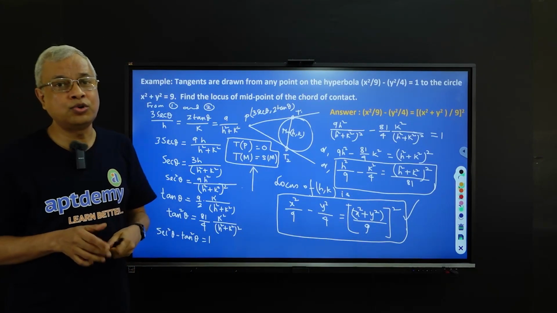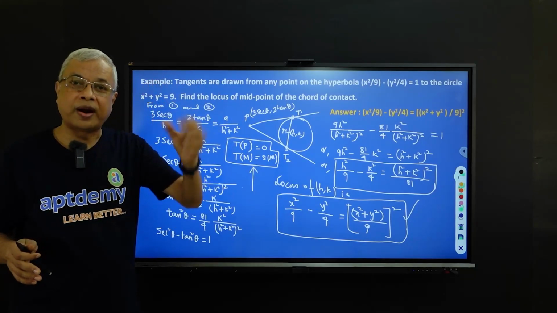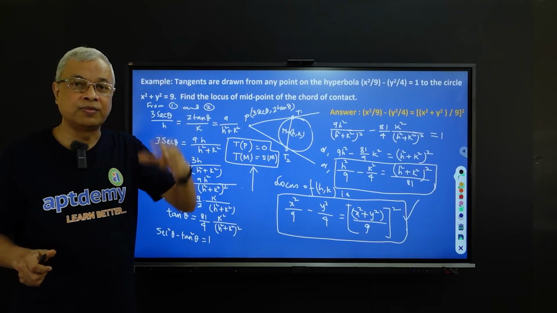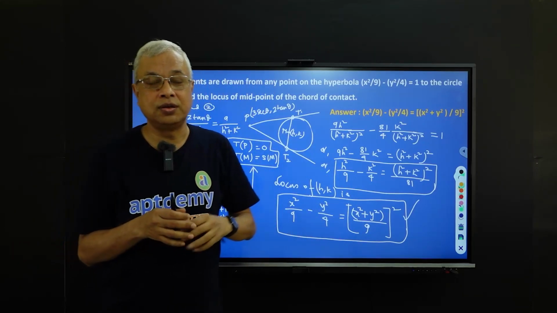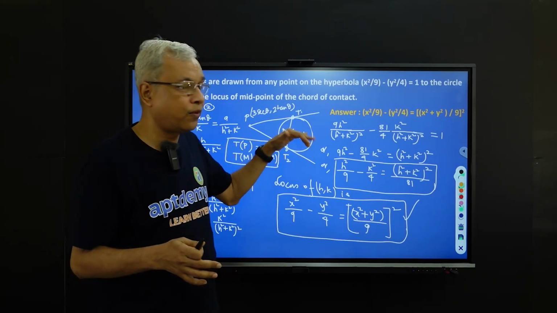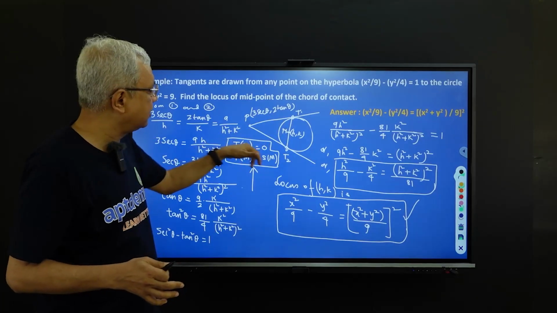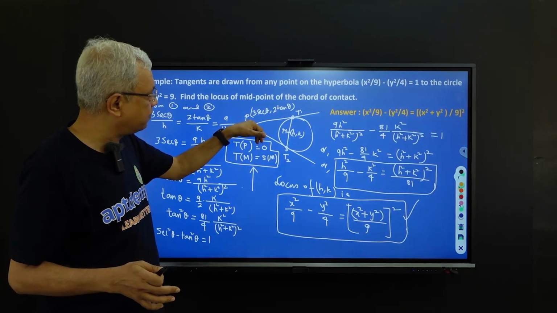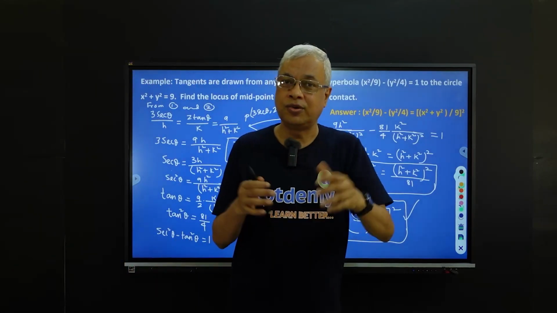You just work out at home what the equations of the chord of contact are for a parabola, ellipse and hyperbola, in both forms. If the midpoint is given, how the chord can be written, and if the external point P is given, how the chord of contact can be written. For all the conic sections you can derive.